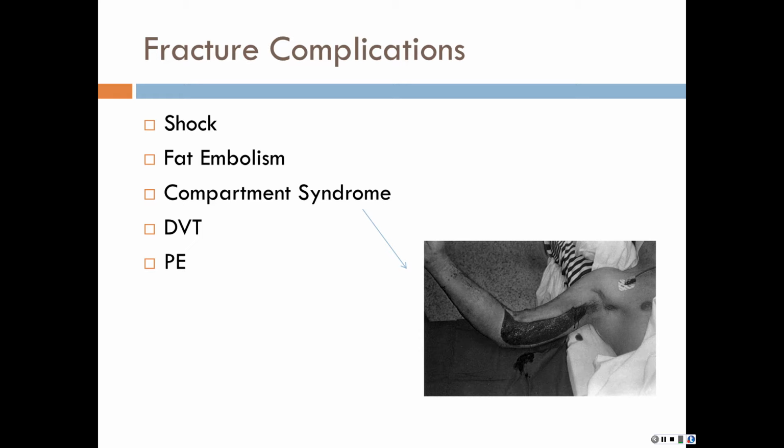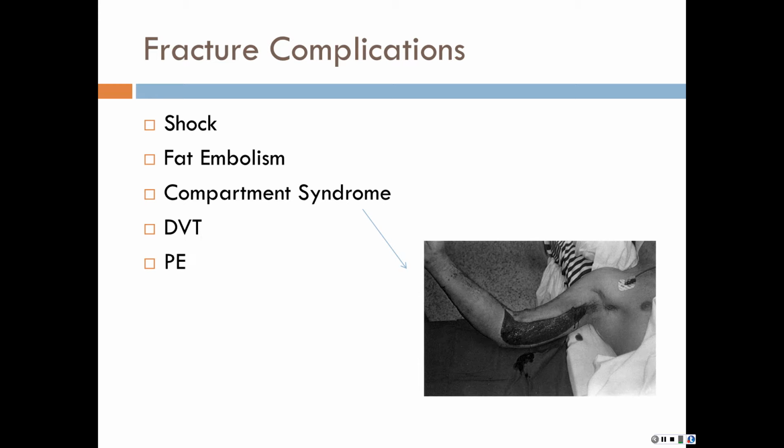One of the things that is specific to fat embolisms that you can see is petechiae, specifically across the upper chest, the buccal membranes, so inside the mouth, and the conjunctival sacs, sometimes over the hard palate.